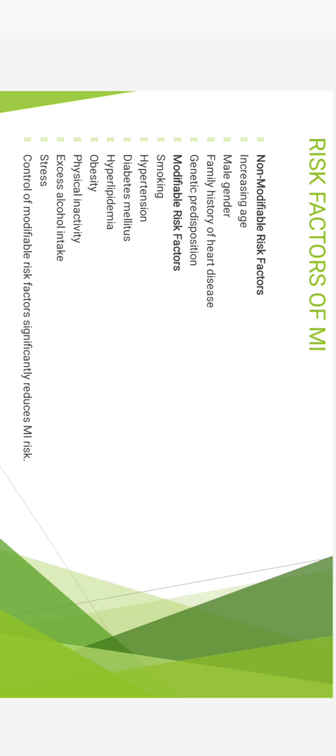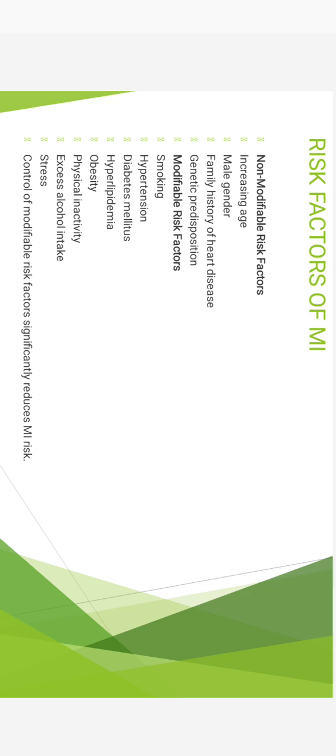Smoking is one of the strongest risk factors because it damages blood vessels and promotes clot formation. Hypertension damages vascular walls and accelerates plaque formation. Diabetes mellitus significantly increases cardiovascular risk because prolonged high blood sugar damages blood vessels and promotes atherosclerosis.